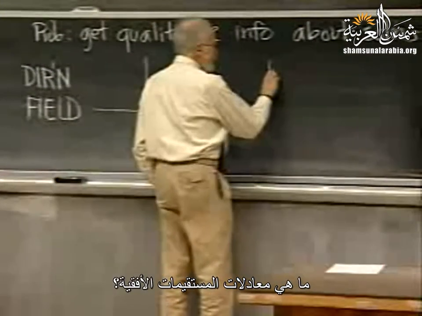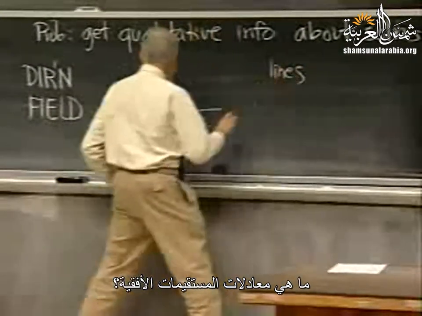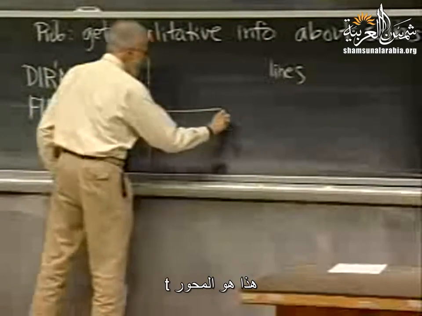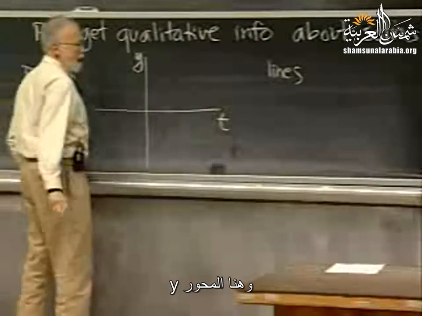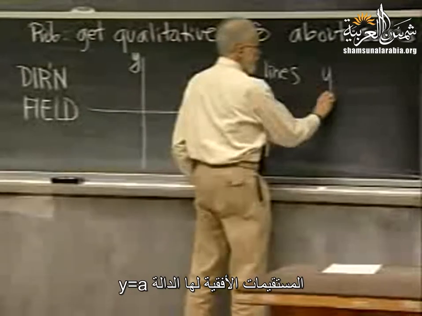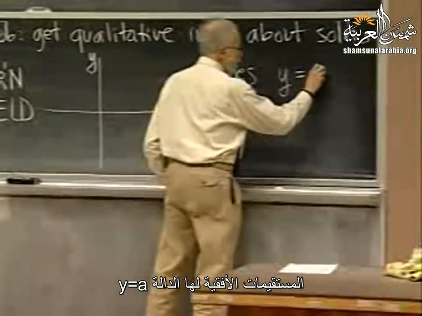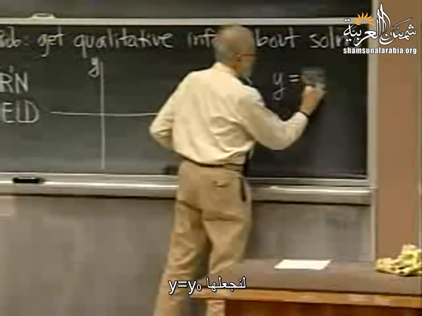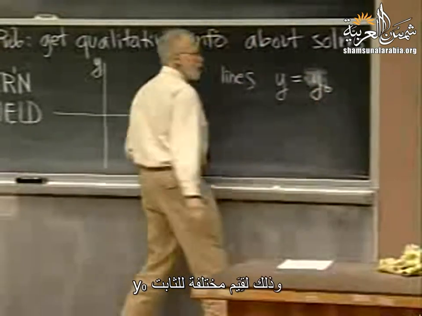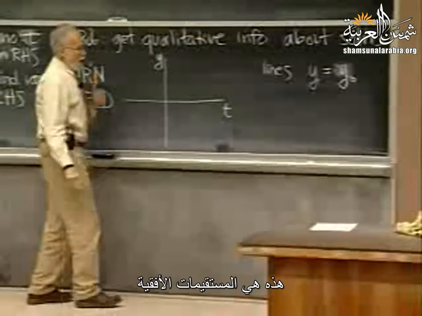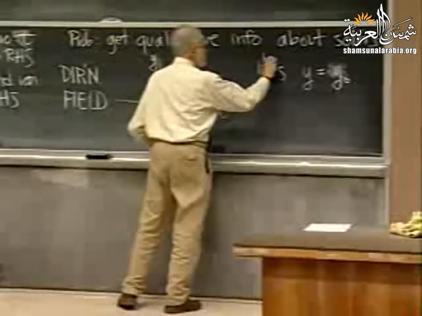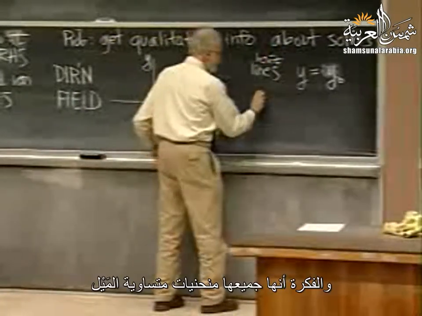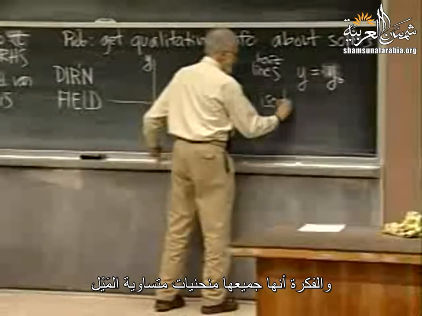This is the t-axis, and here's the y-axis. The horizontal lines have the formula y equals a constant. Let's make it y equals y0, for different values of the constant y0. Those are the horizontal lines. And the point is they're isoclines.